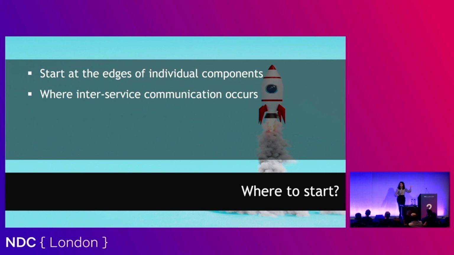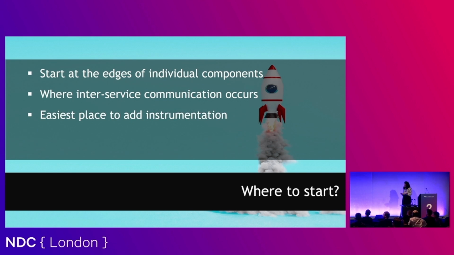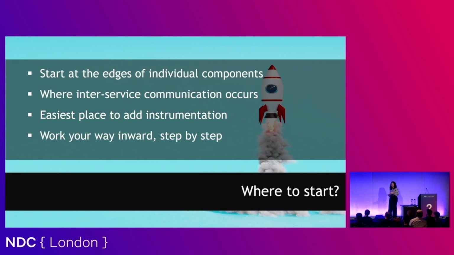How services are communicating together, what data is coming back, what decisions are being made based on that information. And that's usually where we're blind. Now, the thing is that it's also the easiest place to add instrumentation, and from there on, you can basically start working your way in as you see fit and as you see necessary.